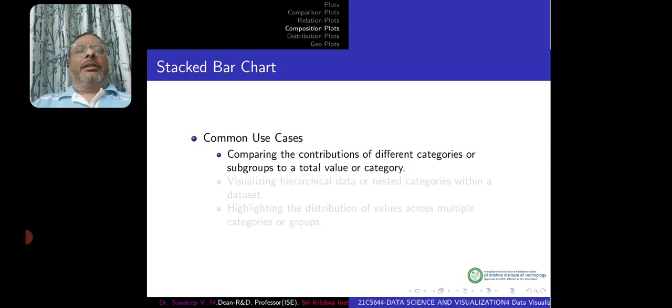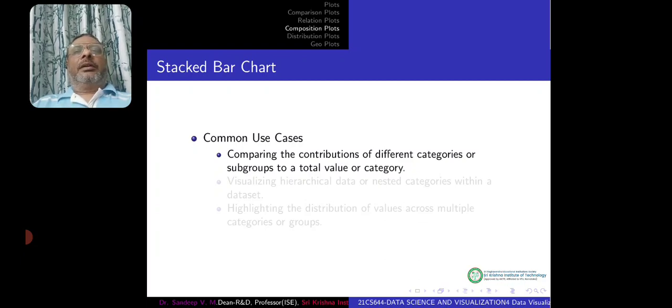But the difference between the pie chart and this one is that in a pie chart we talk about only one feature, whereas here we can simultaneously talk about multiple features having similar categories in each feature.